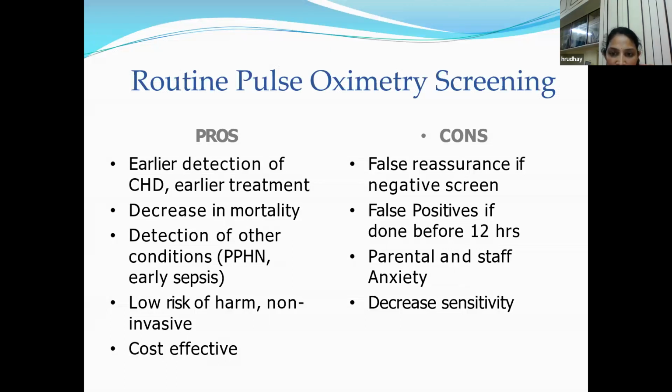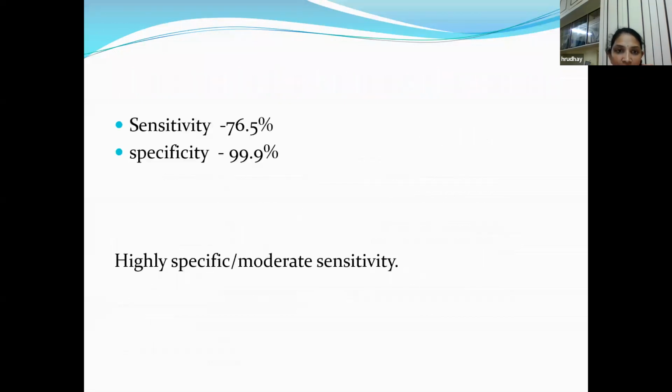Pulse oximetry has good specificity, but the sensitivity is around 76.5%. It is highly specific but moderately sensitive.